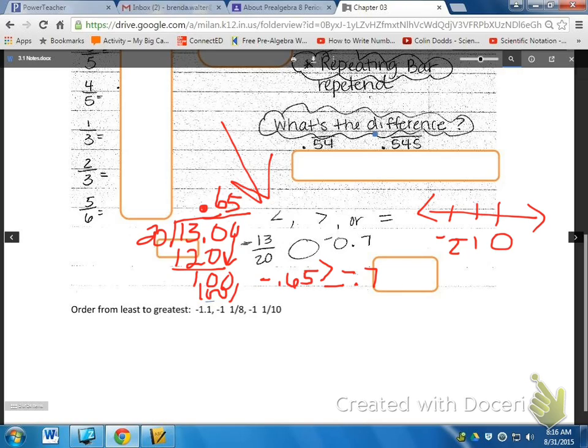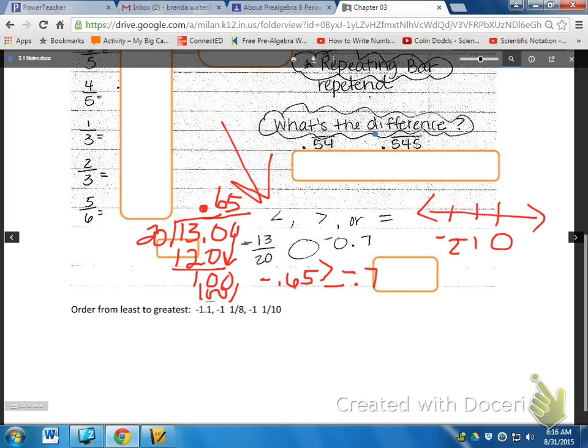Last but not least, we got to order from least to greatest. Negative 1.1 repeating, negative 1 and 1/8, hold on, I lied. It's negative 1 and 1/8 and negative 1 and 1/10. So, yeah, there would be commas in between them.